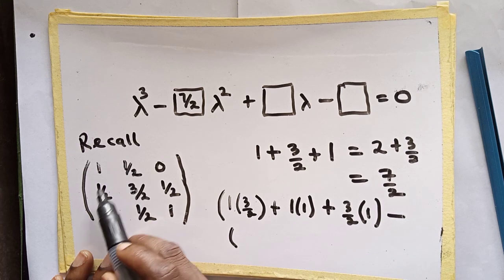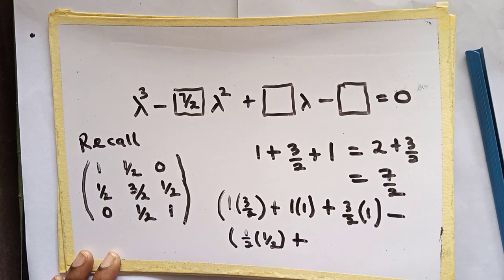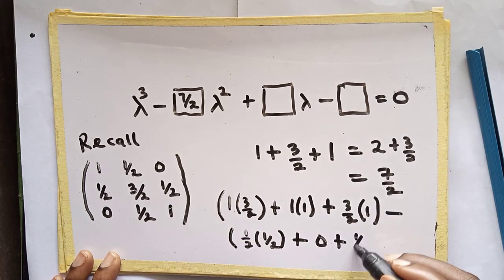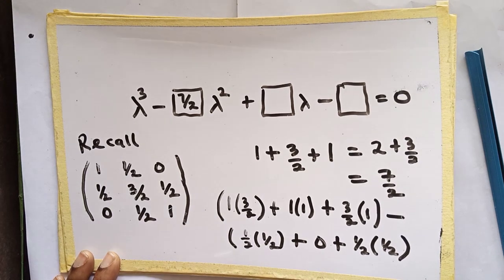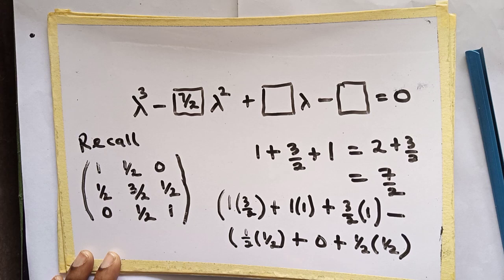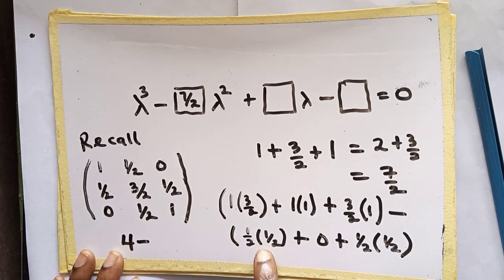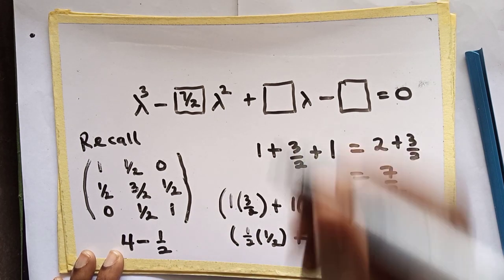We multiply these two terms to be half into bracket half plus this, and this will give me 0 plus this and this will give me half into half. At the end of the day, we notice that this and this will give me 3. 3 plus 1 will give me 4. So I have 4 minus this and this will give me 1/4 plus 1/4 will give me 1/2. And 4 minus 1/2 will give me 7/2. 7/2 will now be written here.